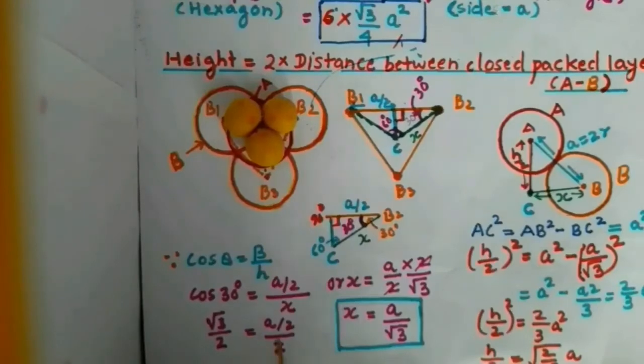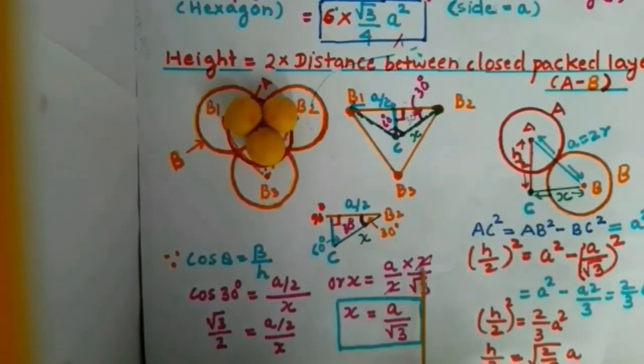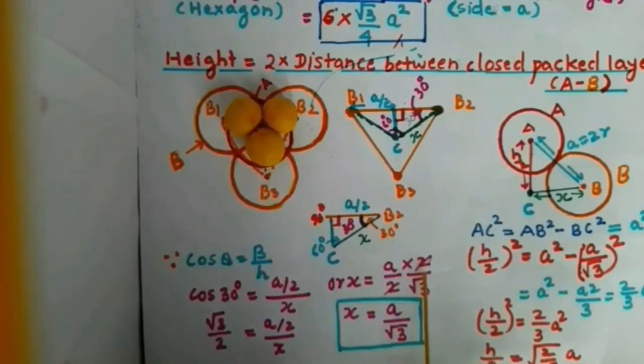Substituting this value, we will get root 3 by 2 equal to A by 2 divided by x. So x will be equal to A by 2 multiplied by 2 divided by root 3.